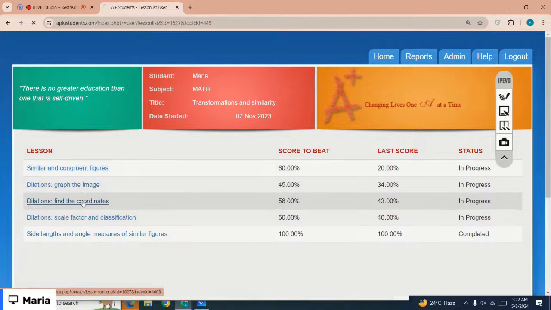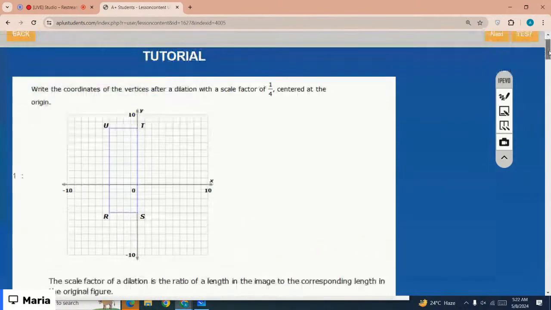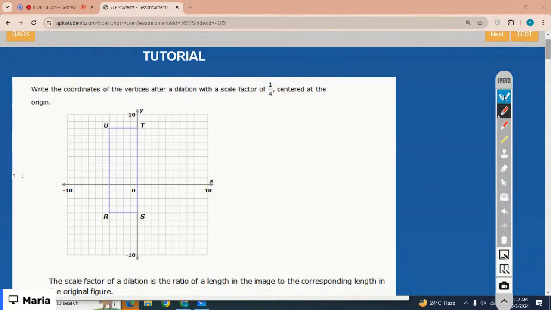dilation. Find the coordinates. Okay, let's just see how do we find the coordinates. Write the coordinates of the vertices after a dilation with the scale factor of 1 by 4, right? Let's just look at the coordinates.